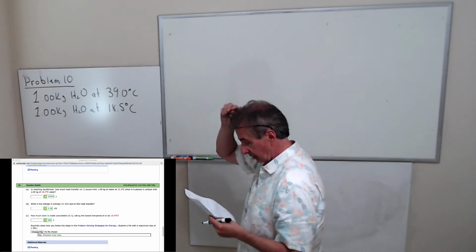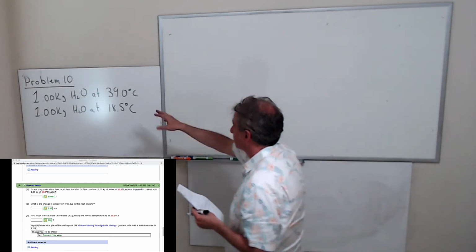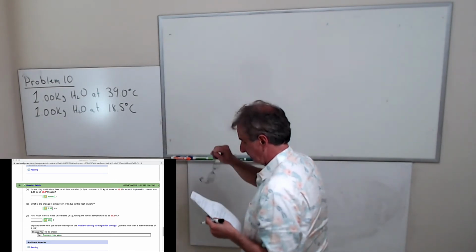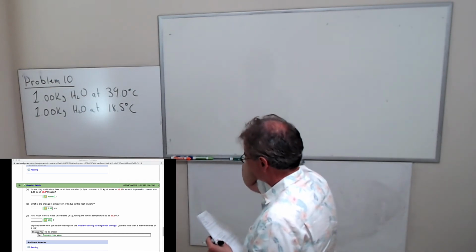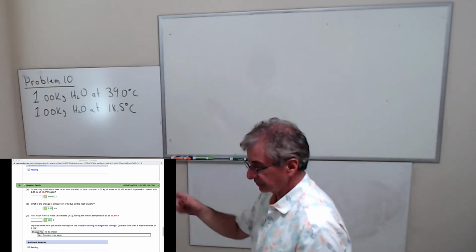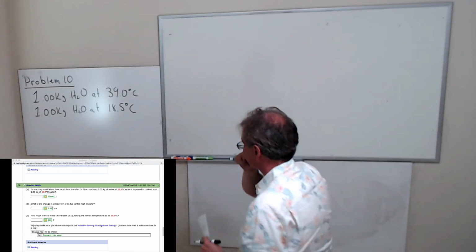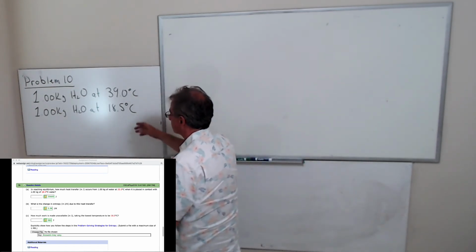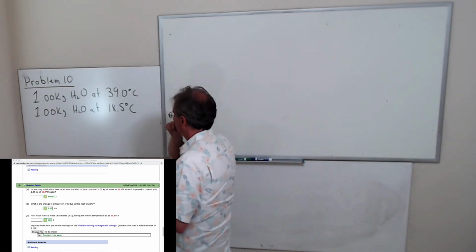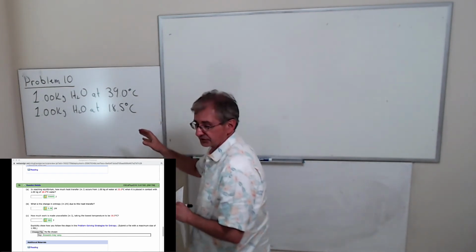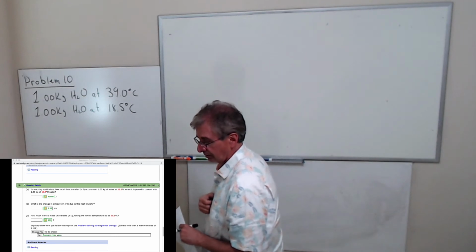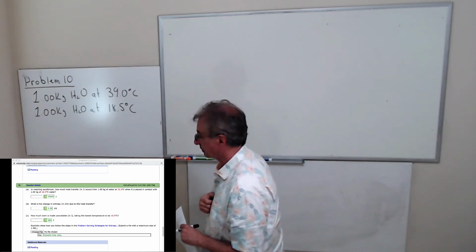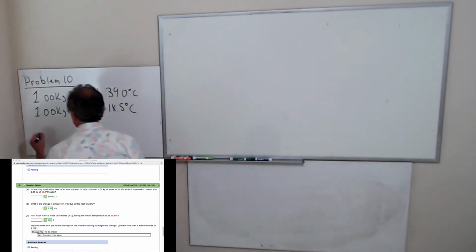And you want to find the energy transferred. Okay. You want to see how much energy is transferred between these two. One's going to lose energy, the other one's going to gain energy. But in order for me to figure this out, I need to know the final temperature. So what's the final temperature?